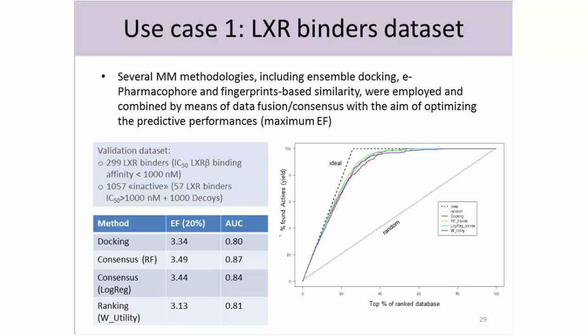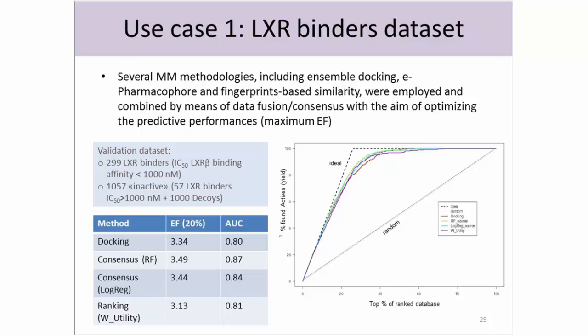How you can read this plot is that this dotted line here is the ideal. So ideally, the ideal docking would go in this direction. And this is the random. So if you choose the molecules randomly, you get these results.